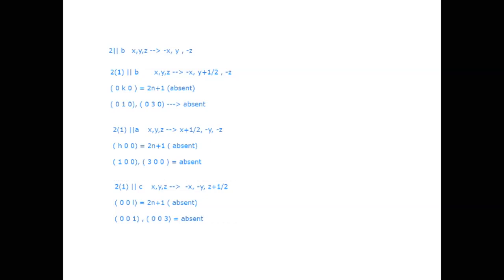So this is where we left off in the last lecture. So now we're going to continue looking at face centering, body centering, and glide planes. Those are the last few remaining symmetry operations that involve translation.